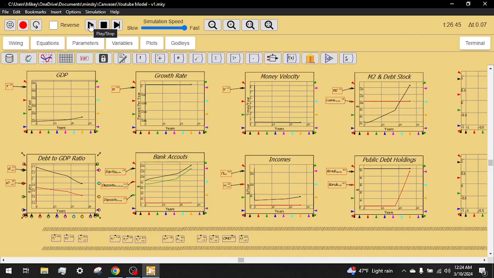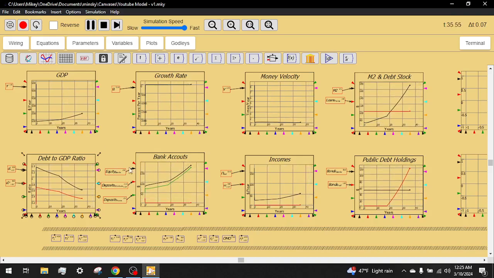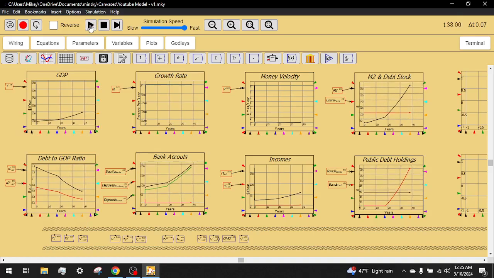My computer's going a little bit slow here because it's hard to run the simulation and record at the same time. But look at that: GDP rising, but the public debt to GDP ratio falling, even though we're running a deficit.